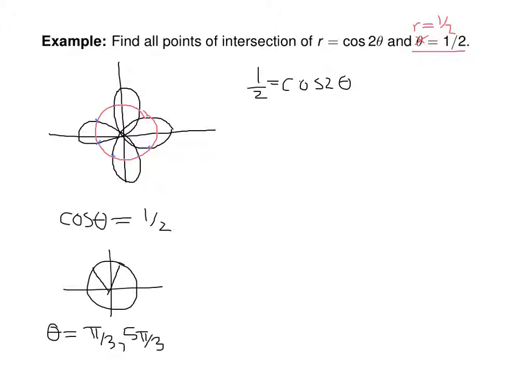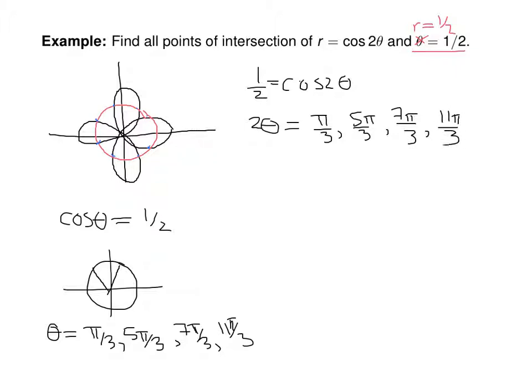And to get that entire picture of that cosine 2 theta, we had to go around twice. So the next points would be 7 pi thirds and 11 pi thirds. And so 1/2 will equal cosine of 2 theta if 2 theta is equal to any of these numbers: pi thirds, 5 pi thirds, 7 pi thirds, 11 pi thirds.